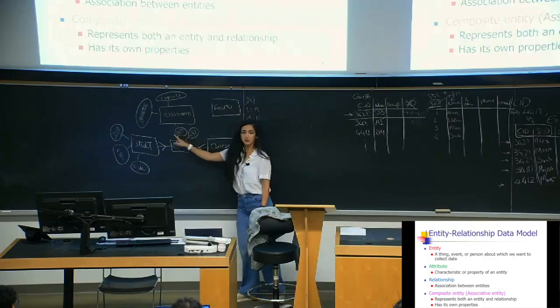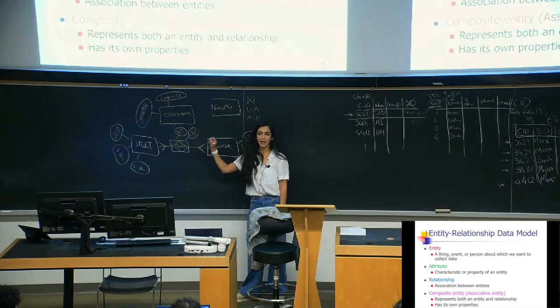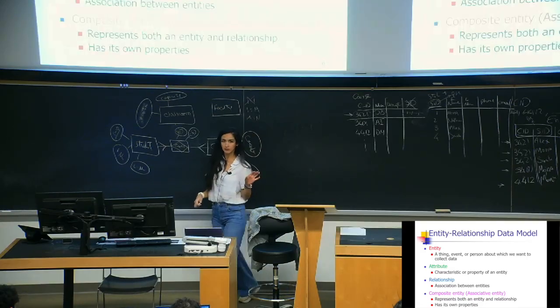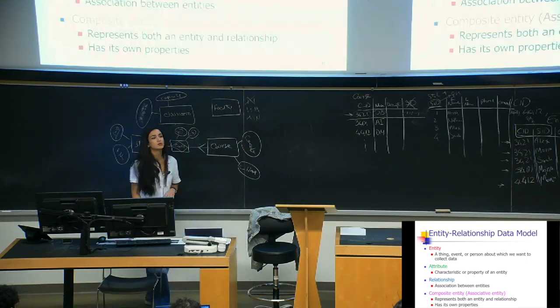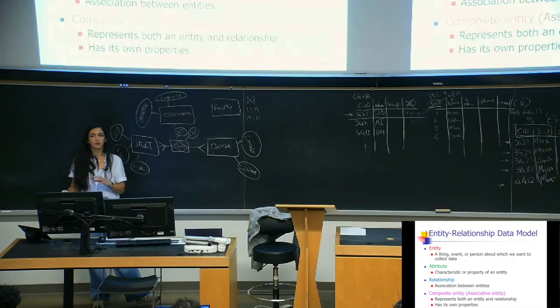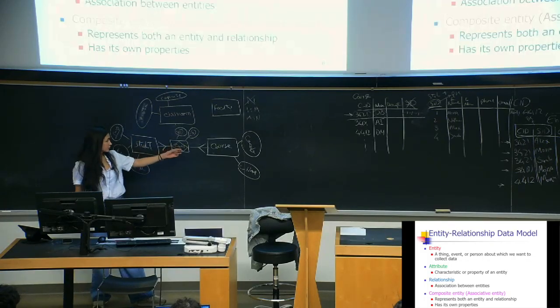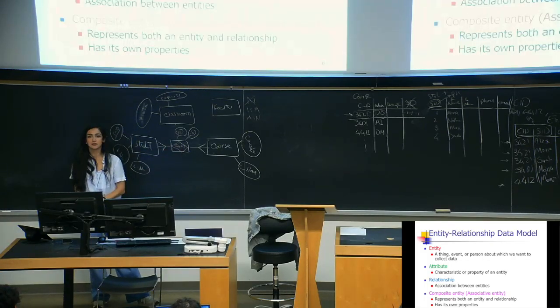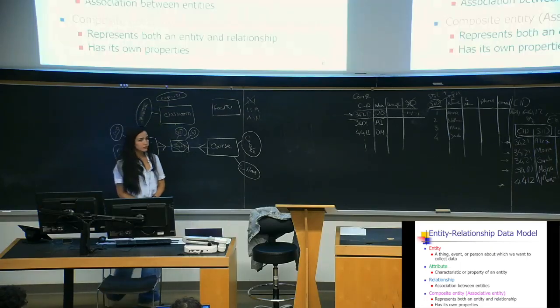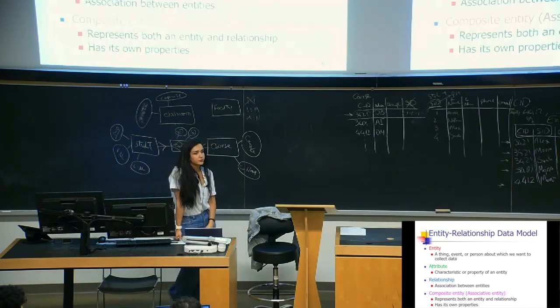So these are the minimum attributes that each associative entity can have. Is it clear? The many-to-many relationship, when should we add the composite entity, what does it do?